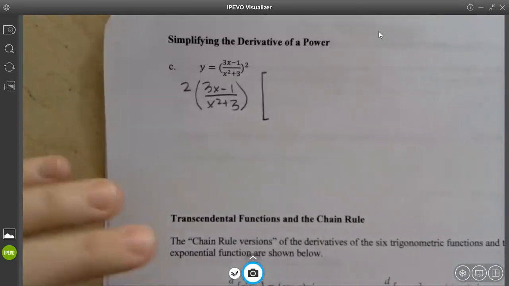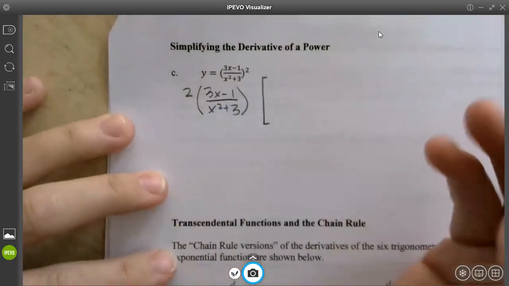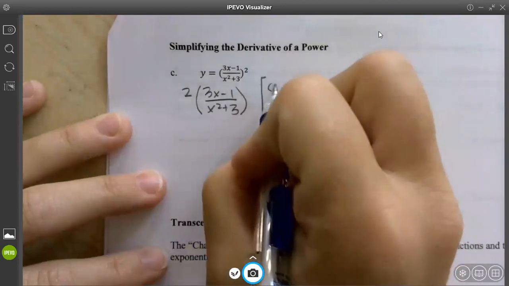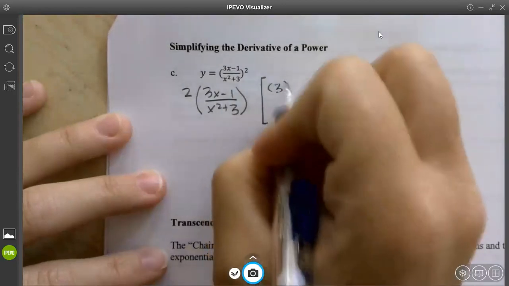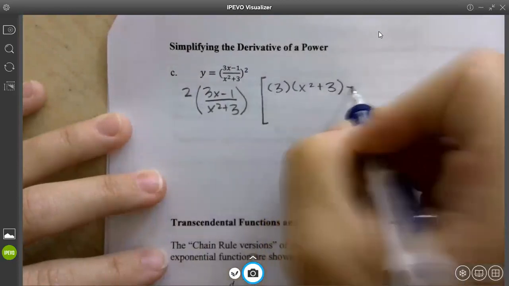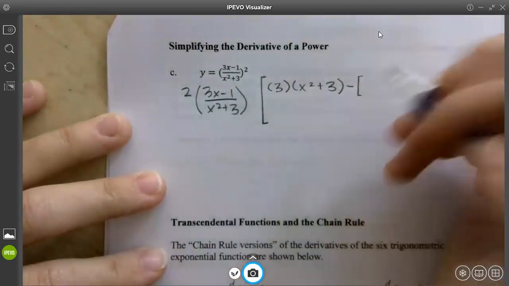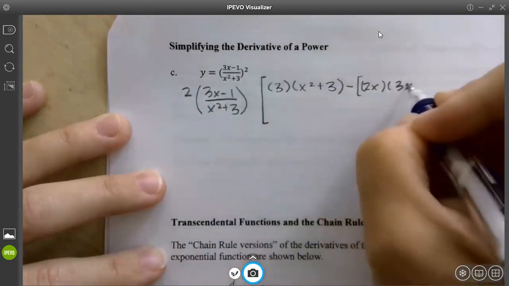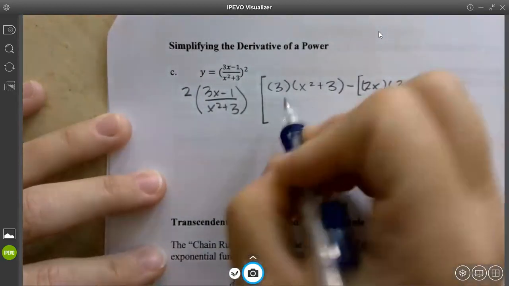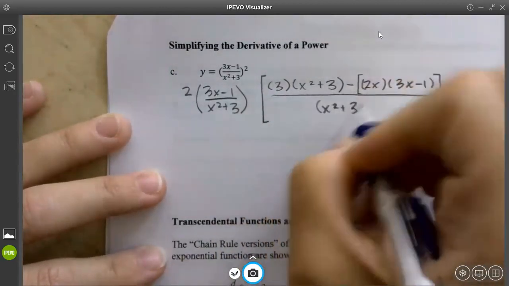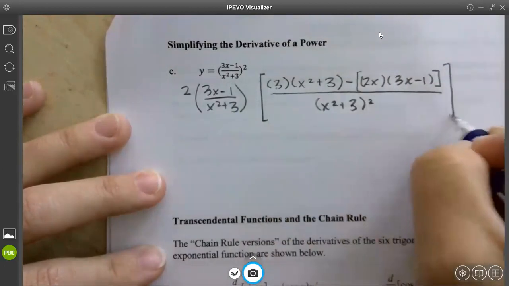Quotient rule, derivative of the top times the bottom minus the derivative of the bottom times the top, all over the bottom squared.